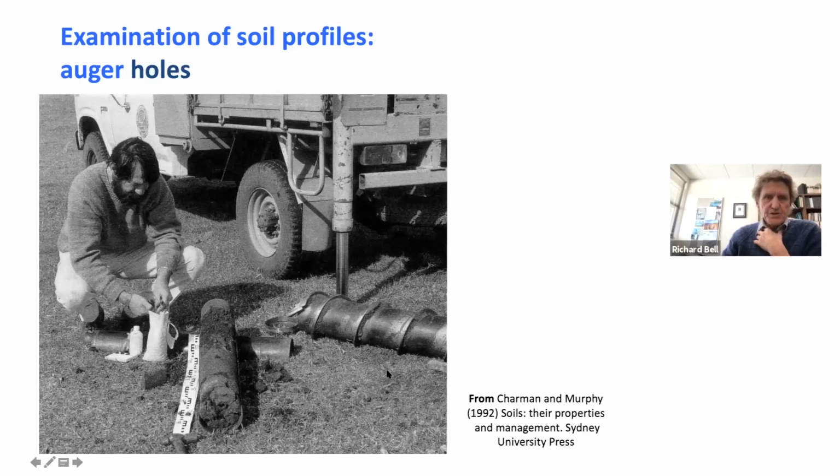So with augers, you can auger soils using back of the truck type devices, such as shown here, or you can use a handheld auger. This particular auger is quite a good one because it collects a section intact with a reasonable diameter, so you can see the whole profile and get a good idea of the material.